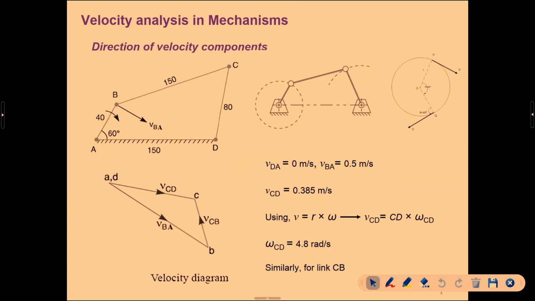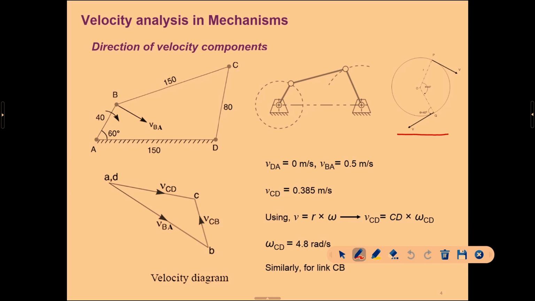Let us consider the same figure where a particle moves in a circular path, which is the same as the link AB where the point B makes a circular path. For such a case, the linear velocity is always tangential to the circle. That means it is tangential at this point and makes 90 degrees with the link. This is what is the case.